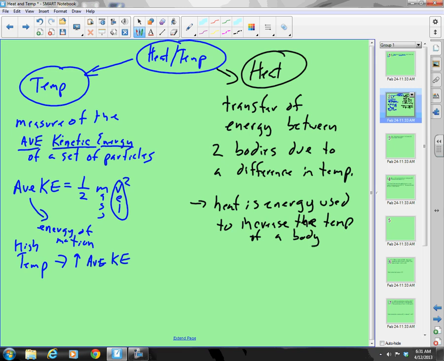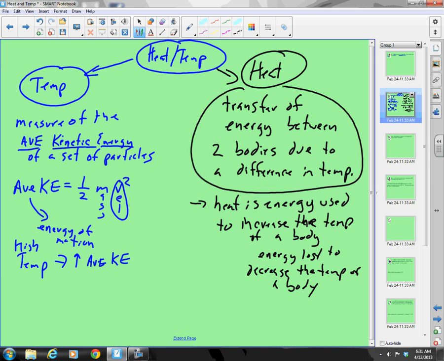Now, it could be the opposite too. Heat can also be the energy lost to decrease the temp of a body. So when something gains heat, temp increases. When something loses heat, temp drops. This is the best definition. This is the one I want you to know.